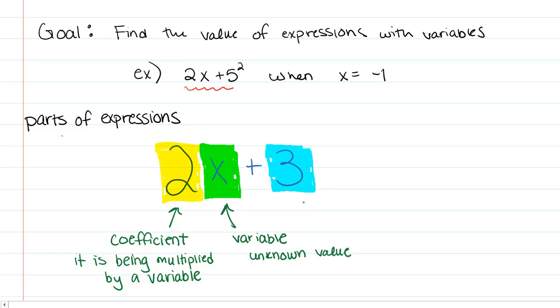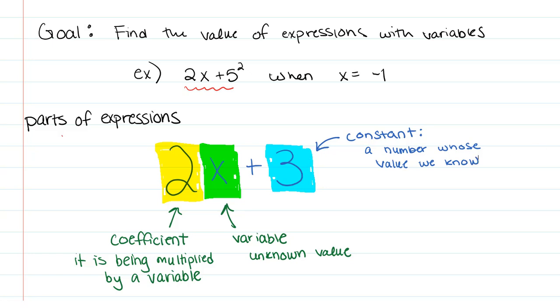And lastly, we have 3, which is a constant. And a constant is just a number whose value we know. All right, so those are the parts of an expression we're going to need for right now.